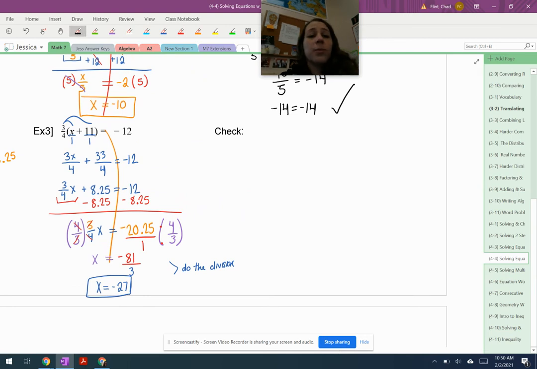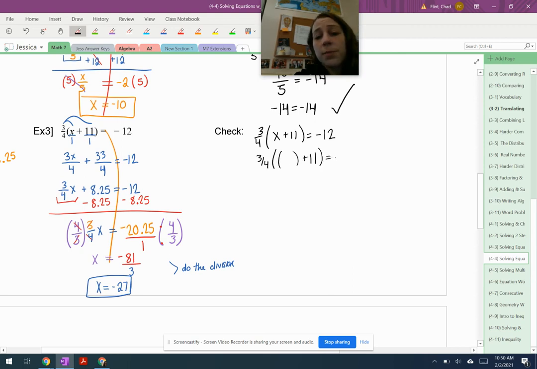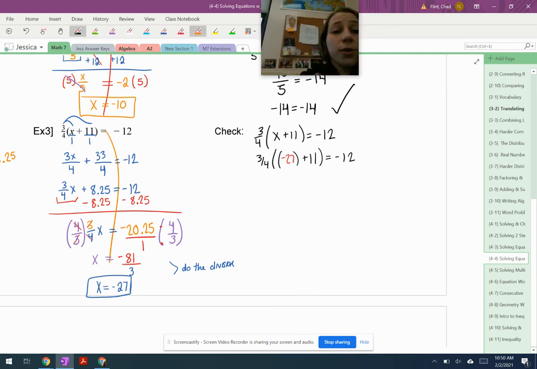And last but not least, we will do our check. So per usual, starting off, rewriting the original as it is, then coming back, filling in that x with those parentheses. In for my x, I can now put that -27. And again, order of operations here. So inside my groupings first. Negative 27 plus 11 is negative 16.